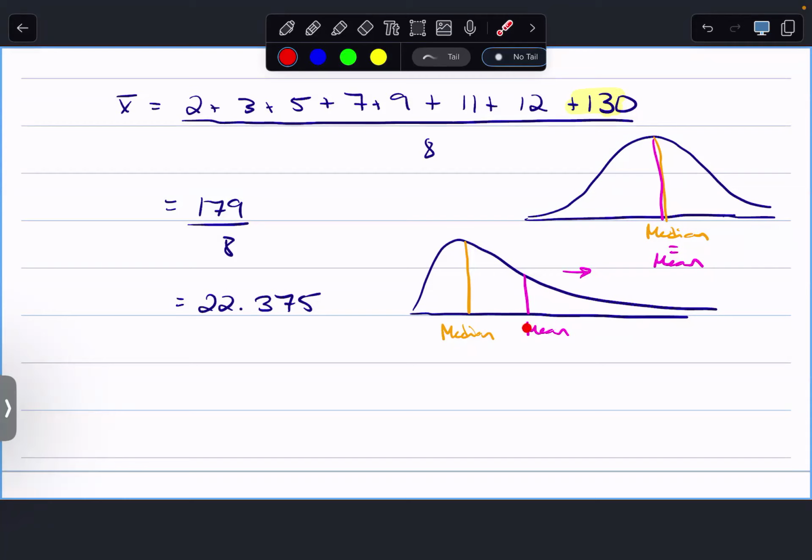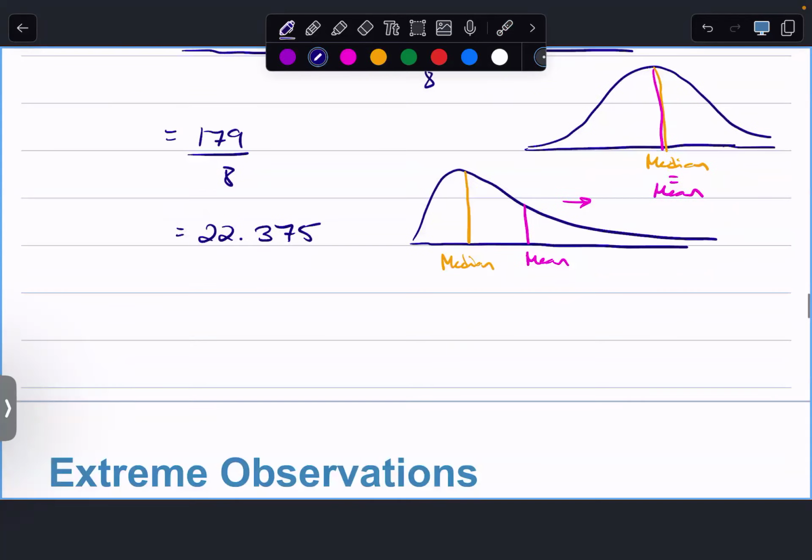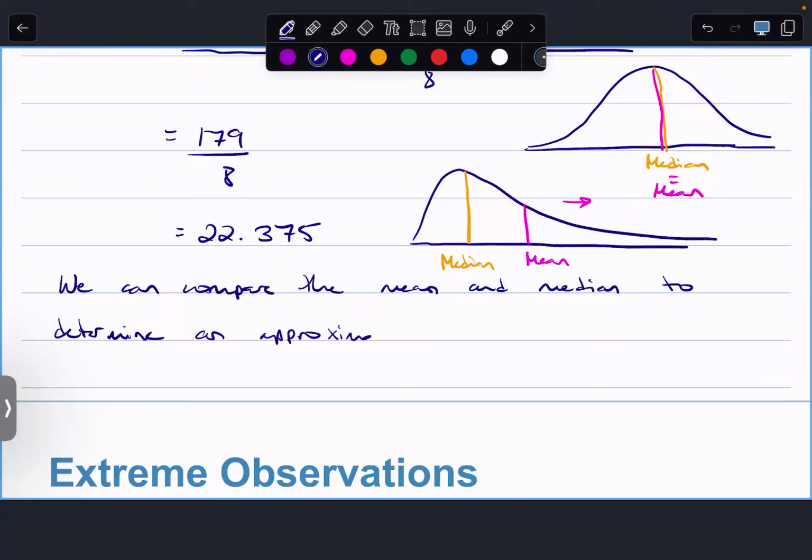And then on the flip side, if the mean is less than the median, I have a distribution that's skewed to the left. So we can compare the mean and median to determine an approximate shape of the distribution.